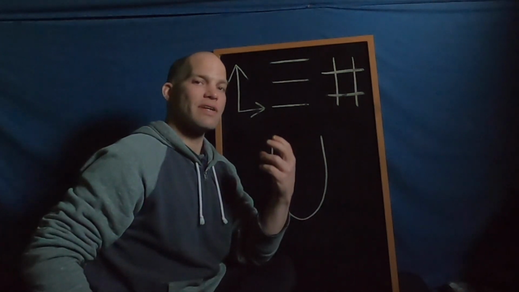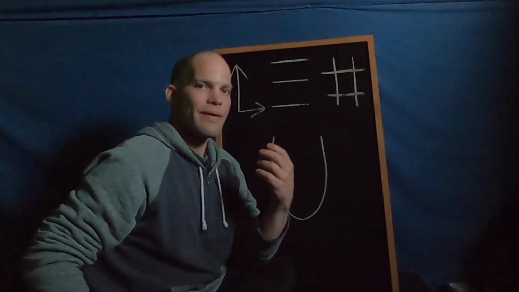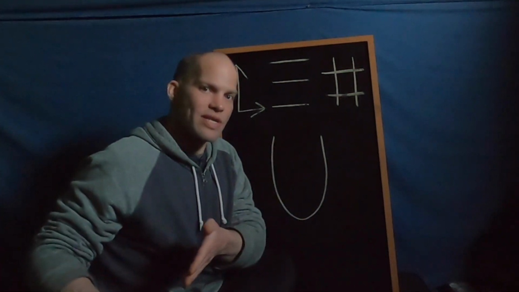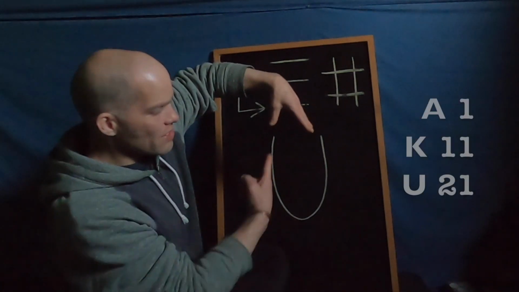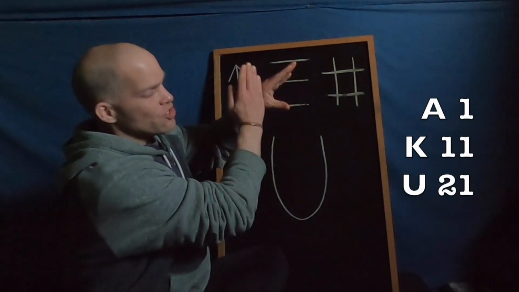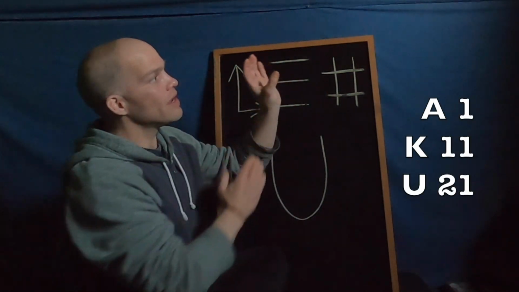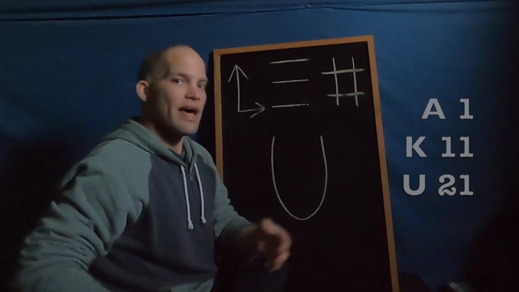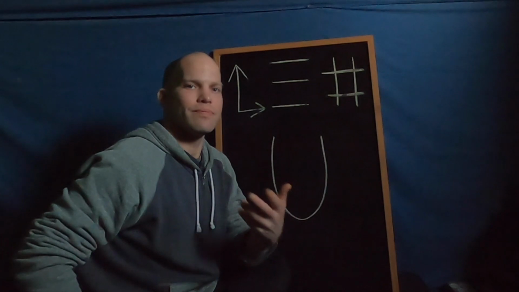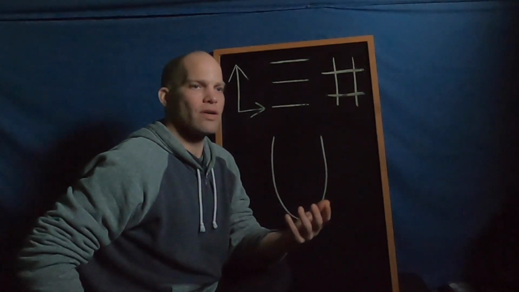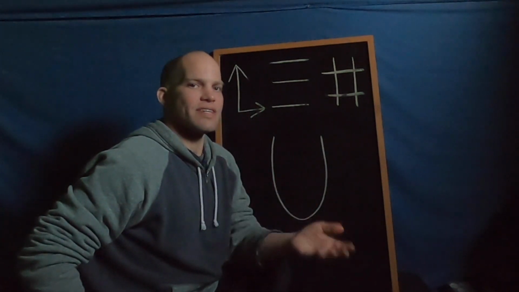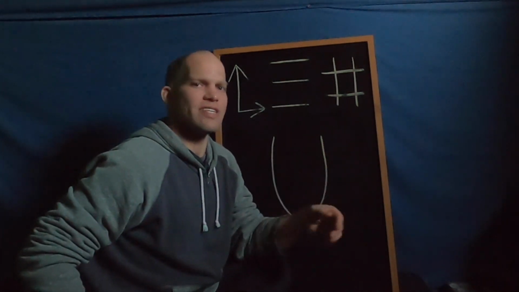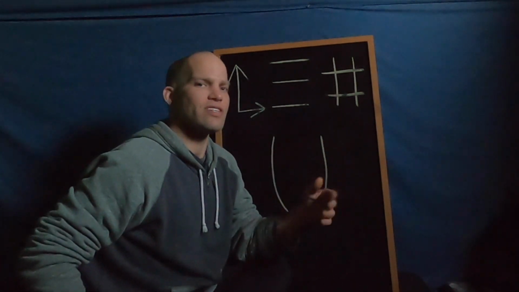And the sound of it is almost similar to an A, but how we did the ones, tens, twenties category, we have this shape of an A, this shape of a K at 11, and the U at 21. And a lot of times U and A make the same sound. Like if you say tug or you say tag, they're the same sound. But if you spell TAG, it's tag. If you spell TUG, it's tug.